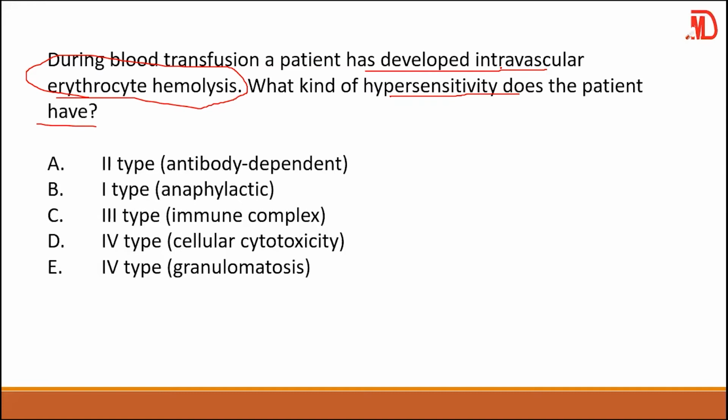Guys, listen. This is intravascular breaking down of red blood cells. I told you this is very specific for prehepatic jaundice. And in prehepatic jaundice, just as one of you said, you will have a lot of unconjugated bilirubin.